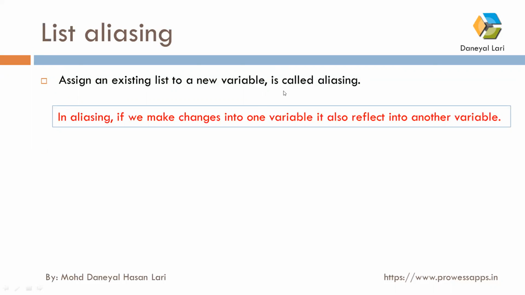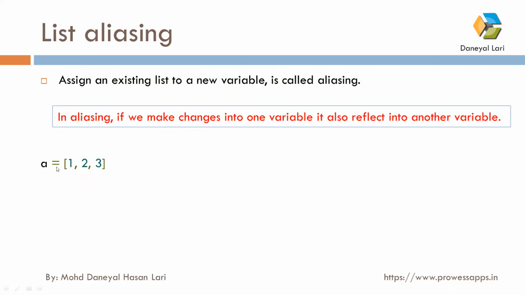Suppose you have already created one list and you give a new name to that list, then that is called list aliasing. The thing that you need to remember every time in the case of list aliasing is: if we make changes in one variable, it also reflects in the other variable. Okay, so what is meant by this statement?